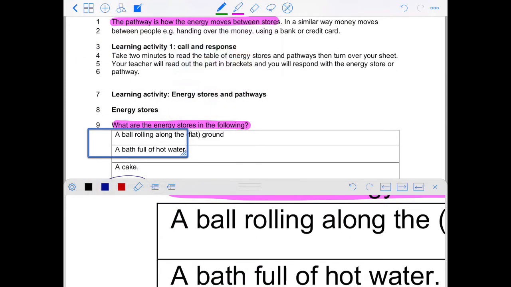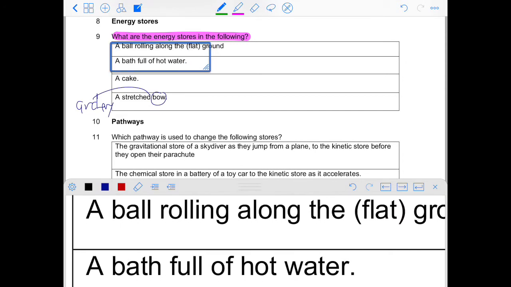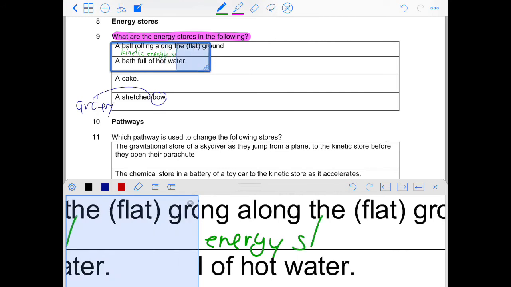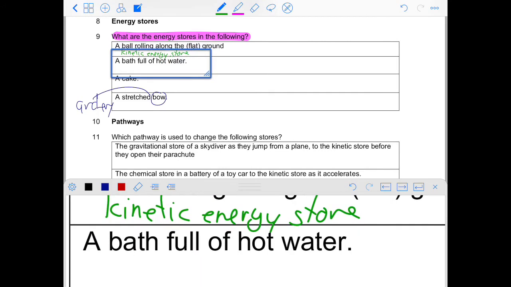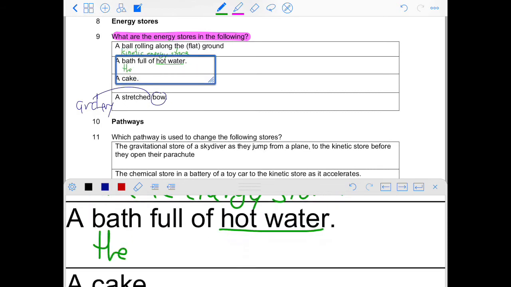So hopefully now you've written down your answers, and we'll correct them now. So a ball rolling along the flat ground, the ball is moving, so it is the kinetic energy store. A bathtub full of hot water. So we know that this is a thermal energy store.